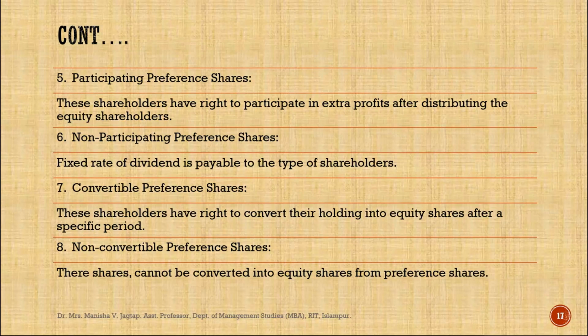These shares cannot be converted from preference shares into equity shares. So these are the eight important types of preference shares. As per the fund requirement, and looking at the situation and the business environment, the organization decides which type of preference share to issue in the market.